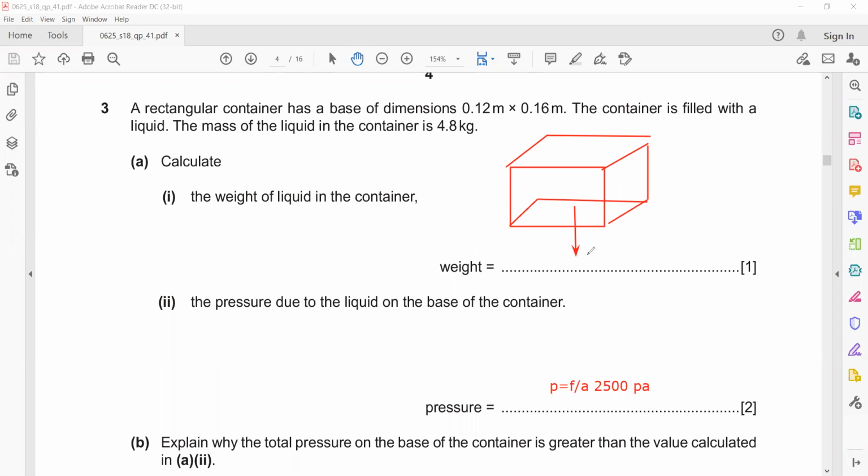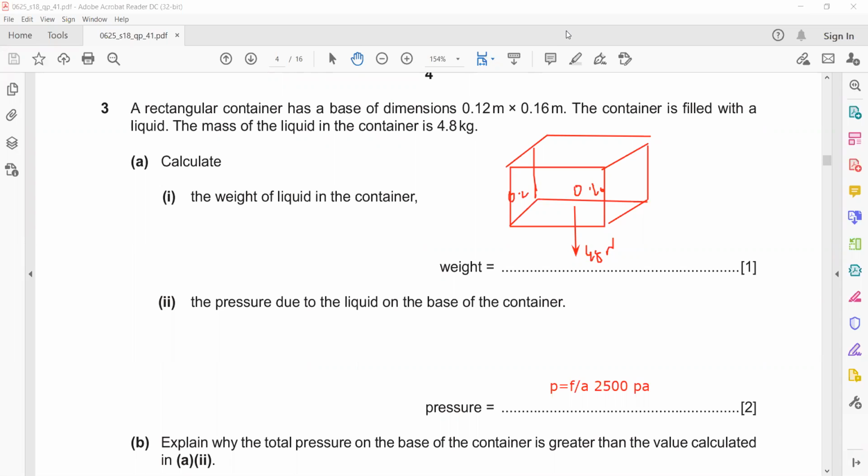So the weight was 48 and the base area was 0.2 into 0.16. So 2530 will be the three significant figure answer. The exact answer is 2530. They give you 2500 Pascal.